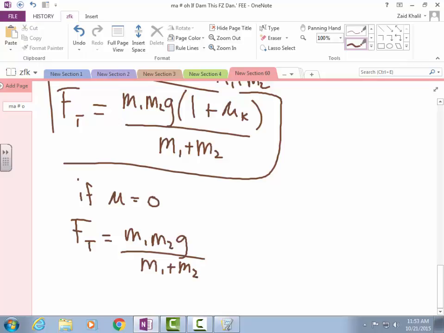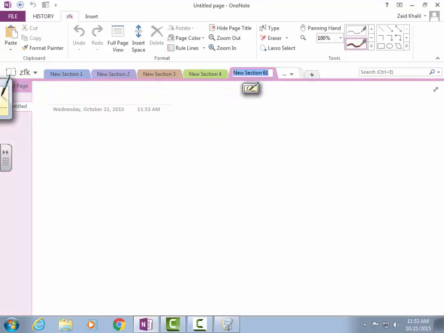So, let's do it. All right. So first, is the acceleration uniform? Is the tension uniform?